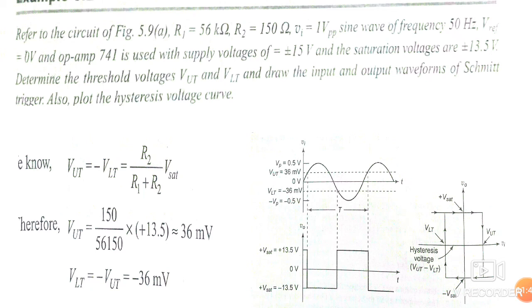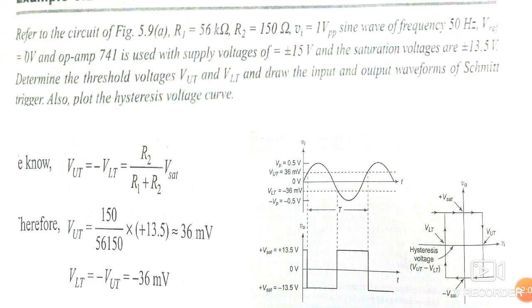So we can calculate VUT and VLT here from the formula. VUT is equal to minus VLT, equal to Vsat upon R1 plus R2 into R2. So this is giving 36 millivolt. So VUT is 36 millivolt. VLT is also minus VUT, that is minus 36 millivolt.